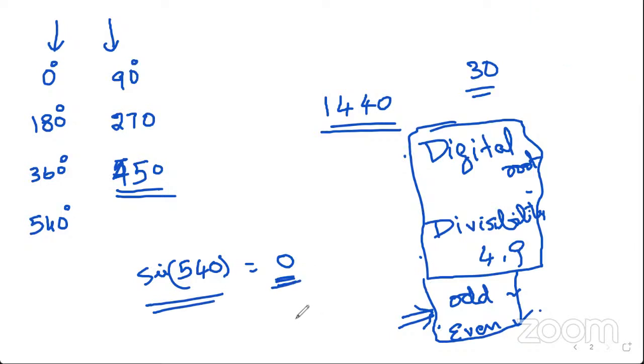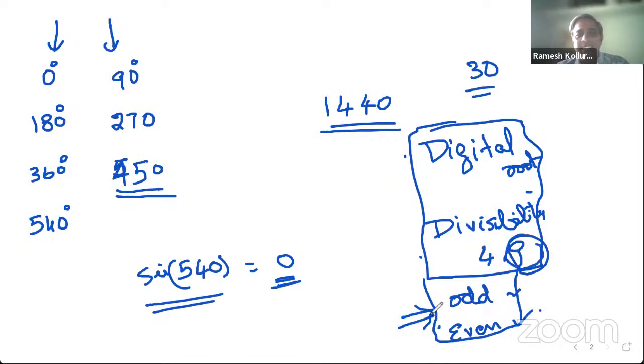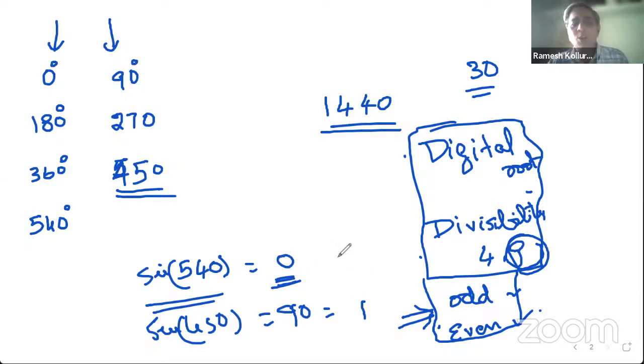It is divisible by 9, first thing. And second thing, if I am writing sine 450, it is 90 degrees, which is 1, right? It is 90, so 1. And this is 180 or 360, 0, right? So how can I say that this is 0 degrees, or 180 is equal to 0? How can I say using these three rules that this is 0 and this is 1?